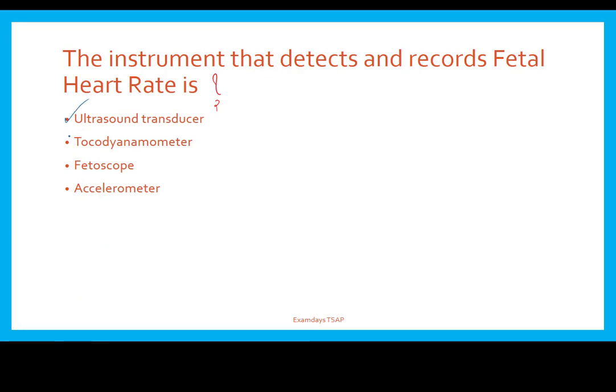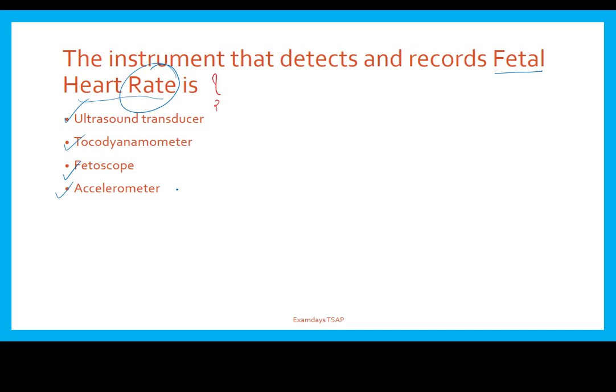Options A, ultrasound transducer, B, tachydynamometer, C, fetoscope, D, accelerometer. So here is the question. You have to understand what is meant by a fetal heart rate, which is detected in which of the following instruments.